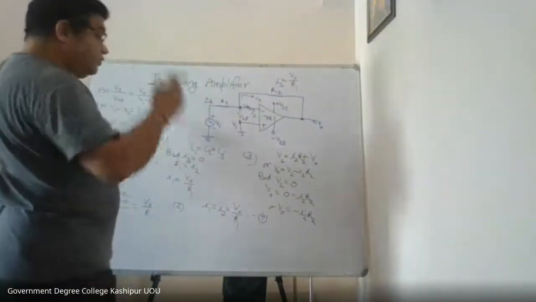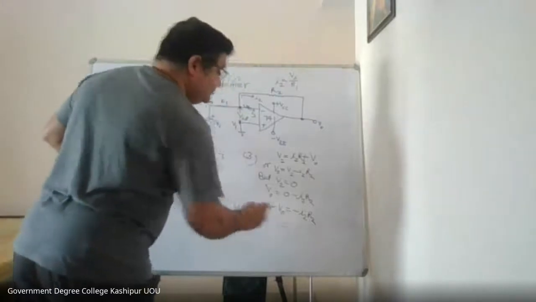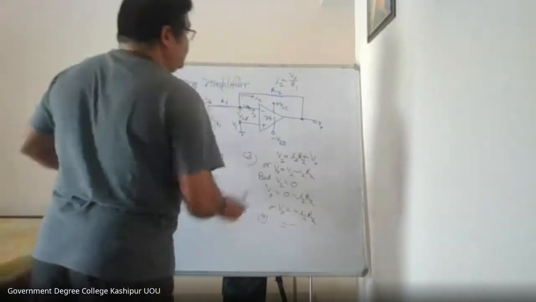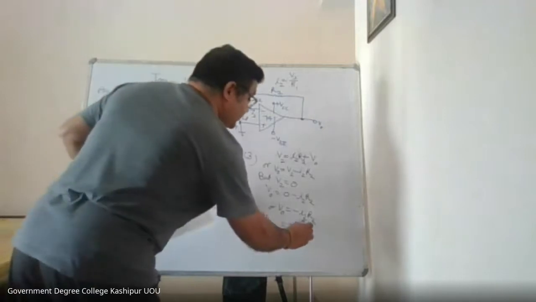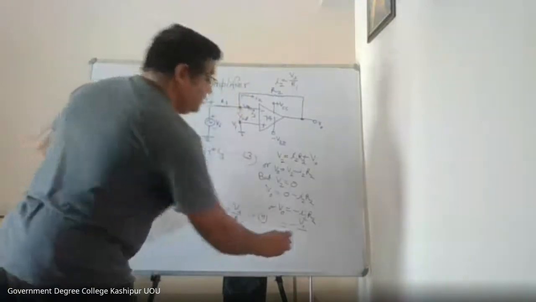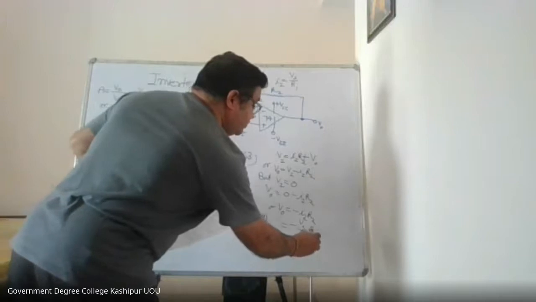Therefore, VO equal to minus, putting the value of I2 from here in this expression, Vi upon R1 into R.